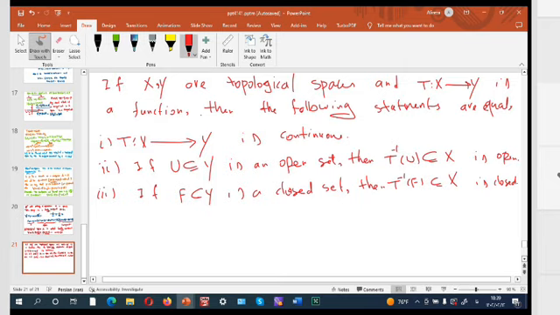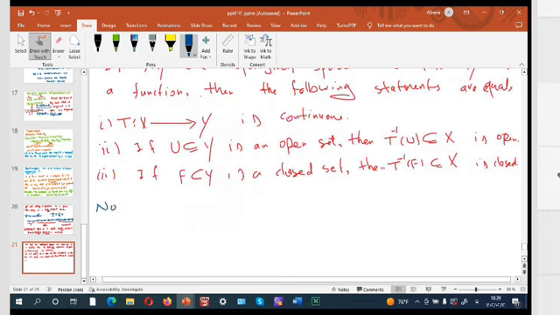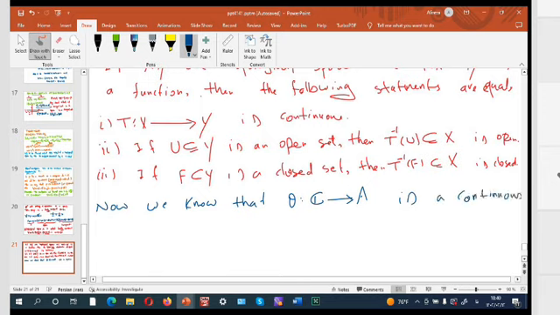Now we know that theta from C to A is a continuous map. Okay? Continuous function.